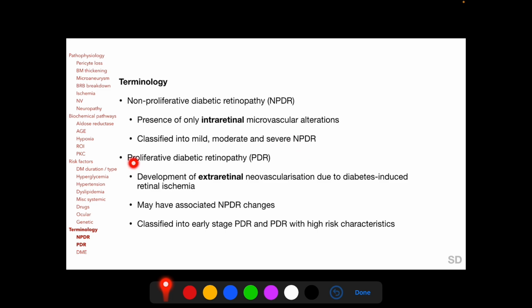And proliferative diabetic retinopathy or PDR is defined as the development of extraretinal neovascularization due to diabetes-induced retinal ischemia. Eyes labeled as having proliferative diabetic retinopathy by this definition may have associated NPDR changes, and PDR is classified into early stage PDR and PDR with high risk characteristics, which we will be discussing in the session after next.